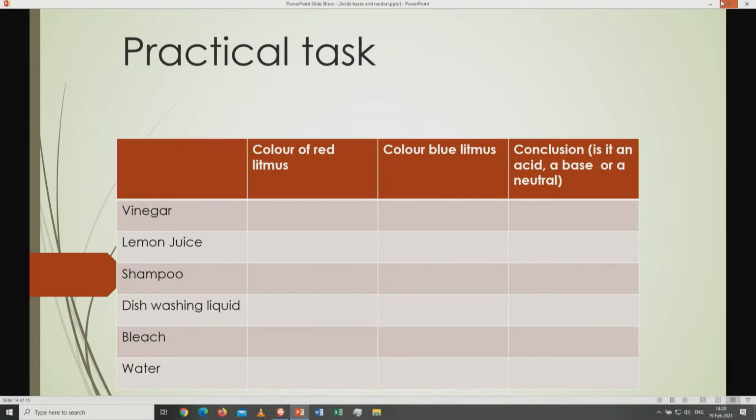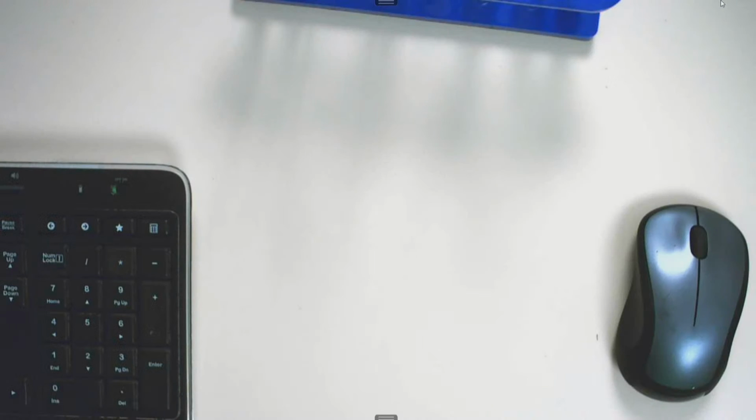Then I'm going to use it to test if a substance is an acid, a base, or a neutral one. Right, let's take a look. Good.